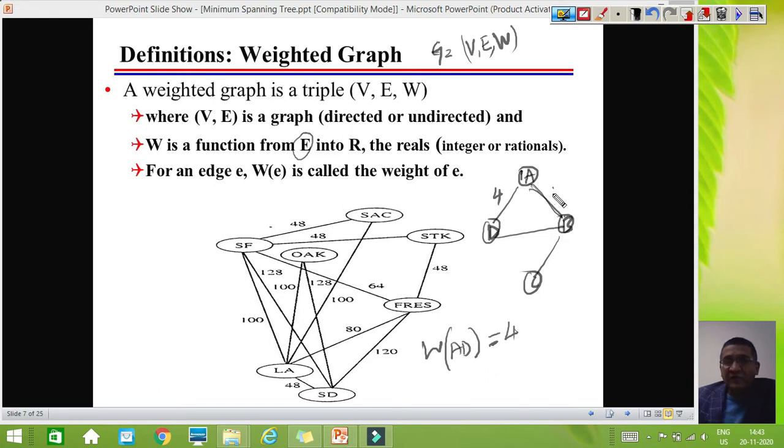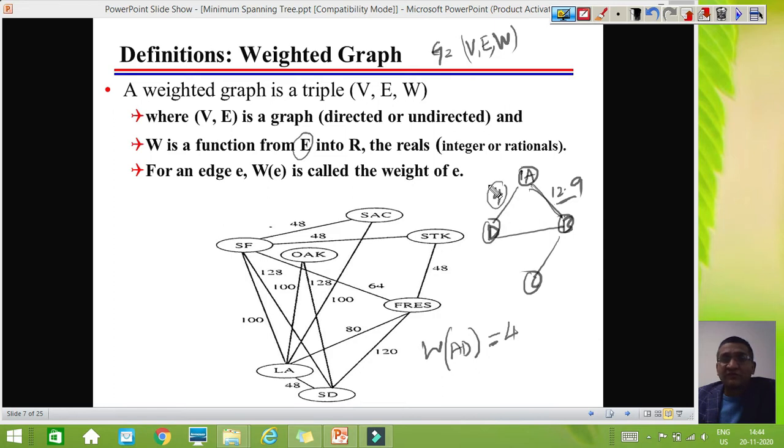So if this is 12.9, now this value refers to the cost. Now cost may be in terms of distance or in terms of time. You may say that moving from A to D, it will require 4 kilometers to walk. So it refers to the distance. Similarly, it may also represent time, that moving from A to D, it will take 4 hours.